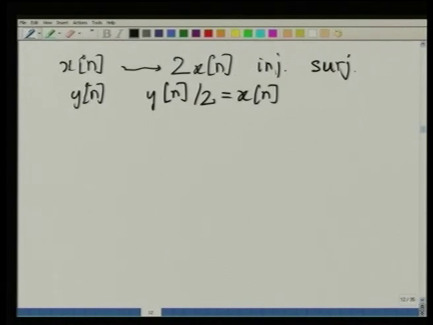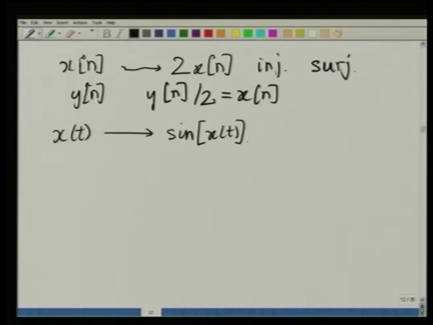Suppose we consider a system which, for an input x(t), produces an output sin x(t).